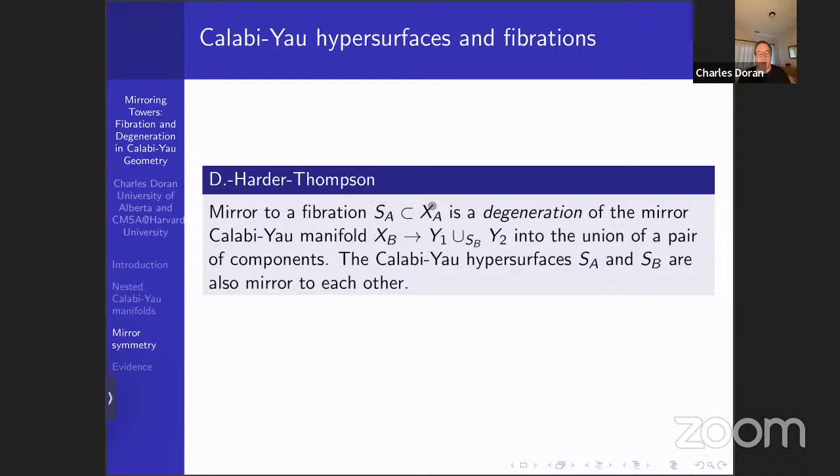As we know, that defines a fibration. So a mirror to such a fibration is a degeneration, and the degeneration is a degeneration of the mirror Calabi-Yau manifold.